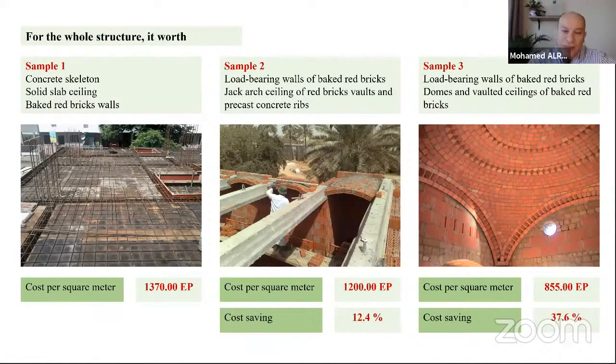In the second choice, we achieved almost a 12.5% reduction in cost. And when we used a monolithic material bearing wall with domes and vaults for the roofing system, we achieved about a 38% reduction in cost.